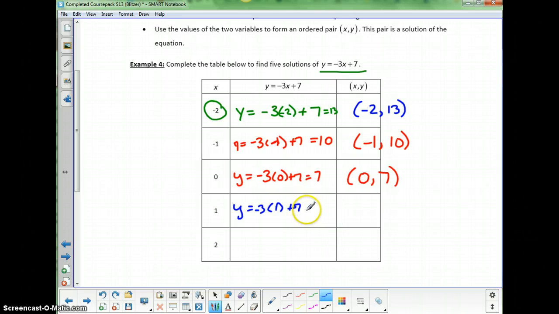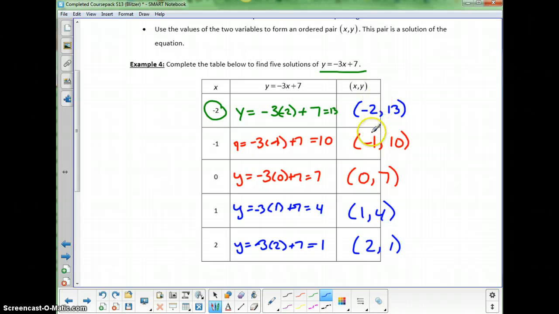Negative 3 times 1 is negative 3, plus 7 is 4. So the ordered pair 1 comma 4 is true. And also, y equals negative 3 times 2 plus 7. Negative 3 times 2 is negative 6, plus 7 is 1. So the last ordered pair here, 2 comma 1, is true for this equation.